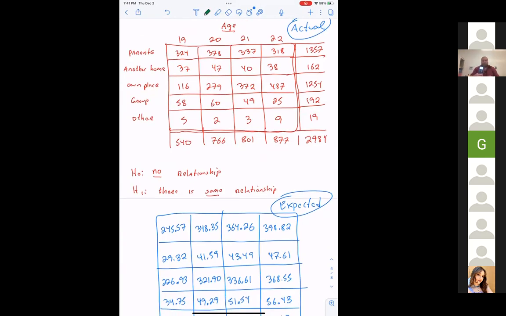So do you all have your first matrix done yet? Matrix A? Not yet.